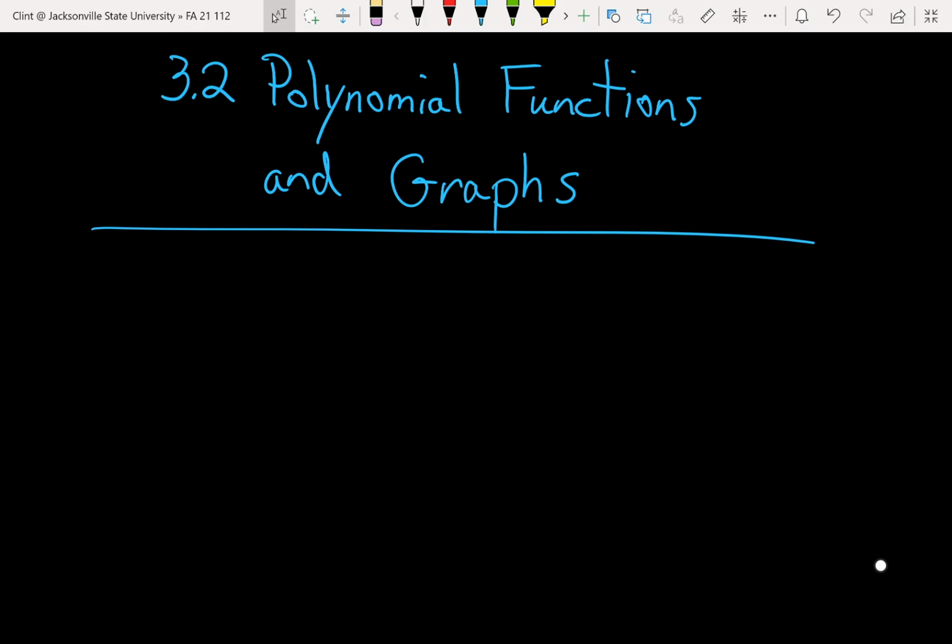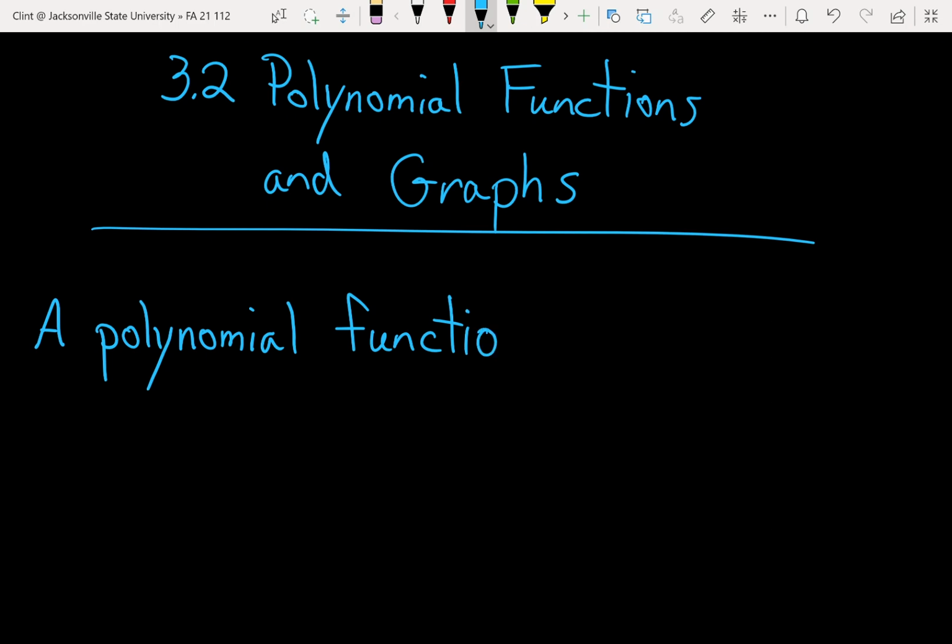So if we're talking about a polynomial function, we classify these things by what we call the degree of the polynomial, and we'll clarify that in just a minute.